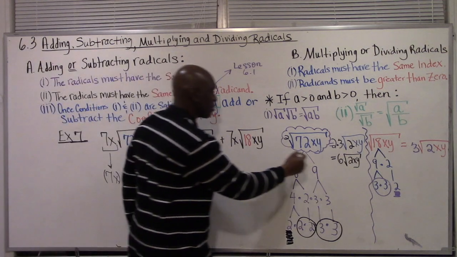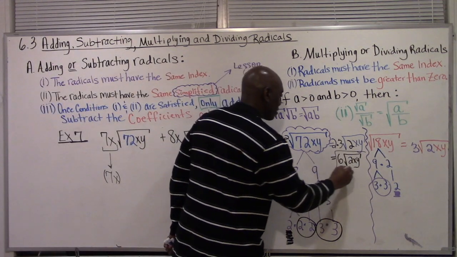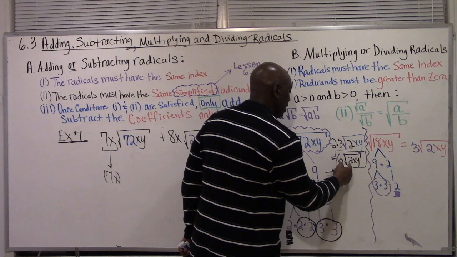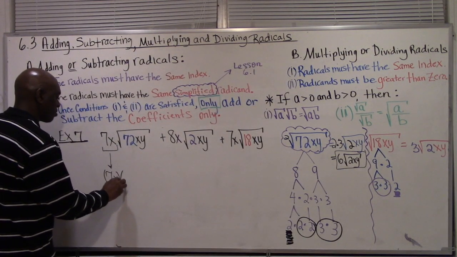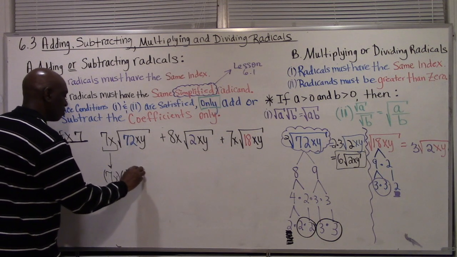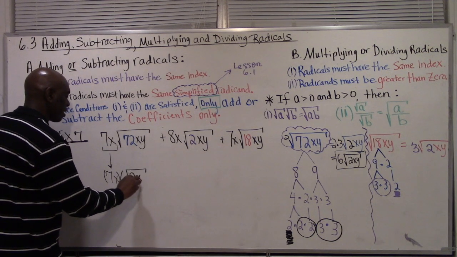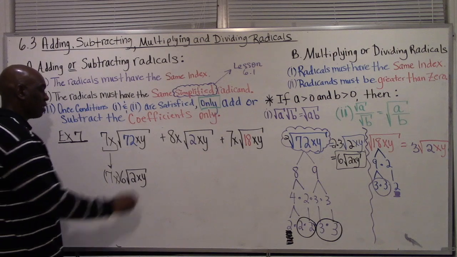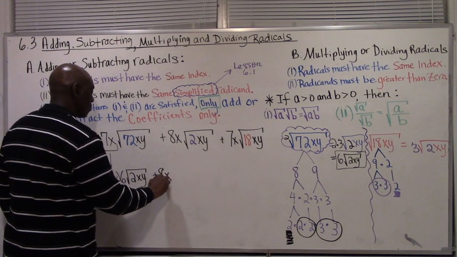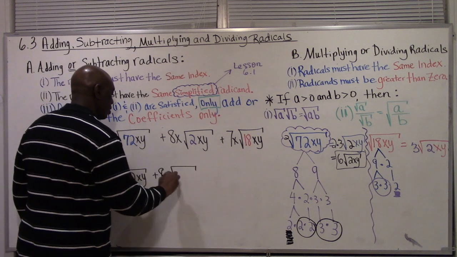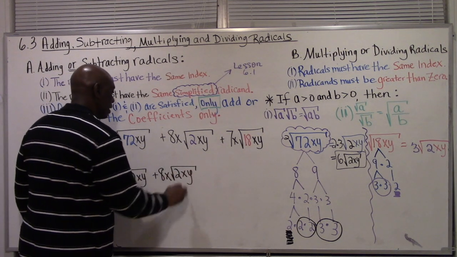We said this is now 6 times radical 2xy. 6 radical 2xy. Bring this one straight down. Plus 8x radical 2xy.